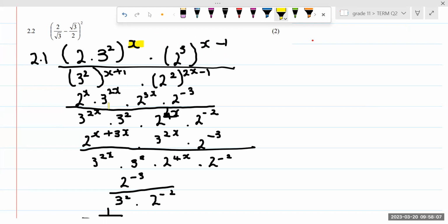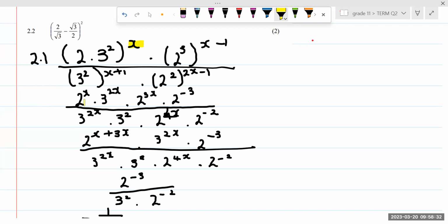And then coming to our denominator, we had 9. So we have to make 9 into a prime base. We have 3 to the power of 2, and keep it in brackets, to the power of x plus 1. And then we have 4, which we make into 2 to the power of 2 in brackets, and then raise it to the power of 2x minus 1.